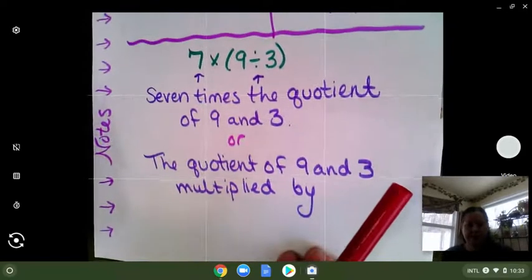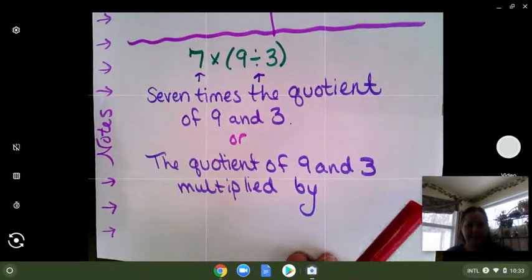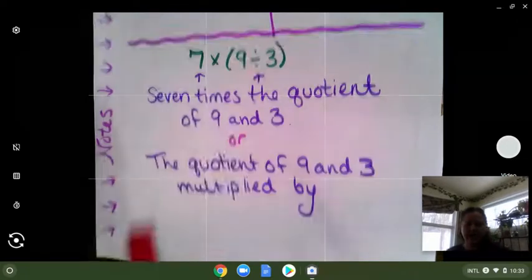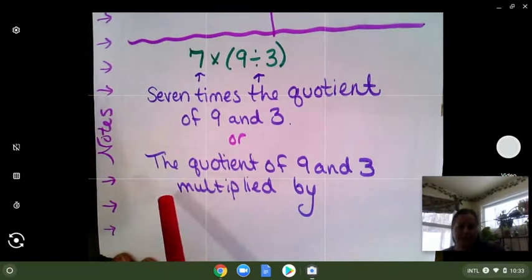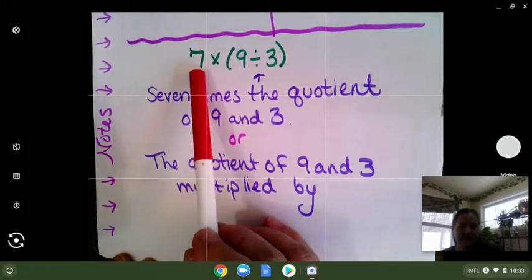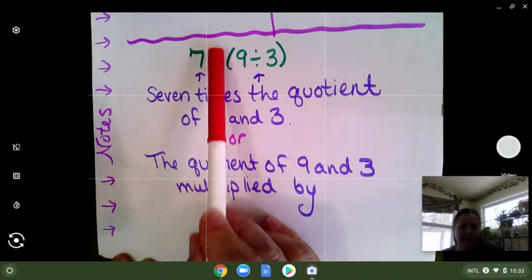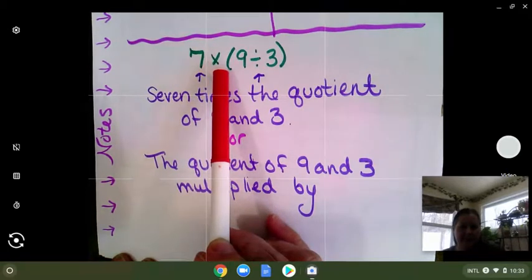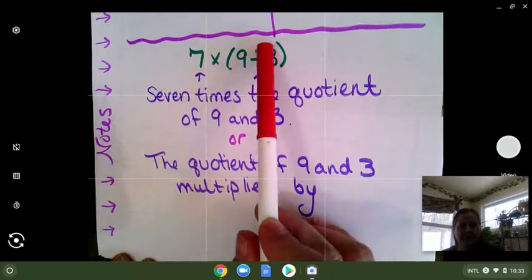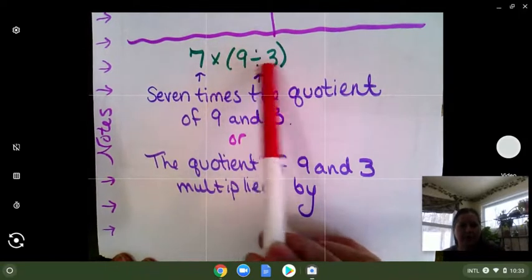All right, next we are going to explain the parts of this. It says which of these both work. So let's read this. We have 7 times, we have a times because we're still using that multiplication sign. 7 times the quotient of 9 and 3.